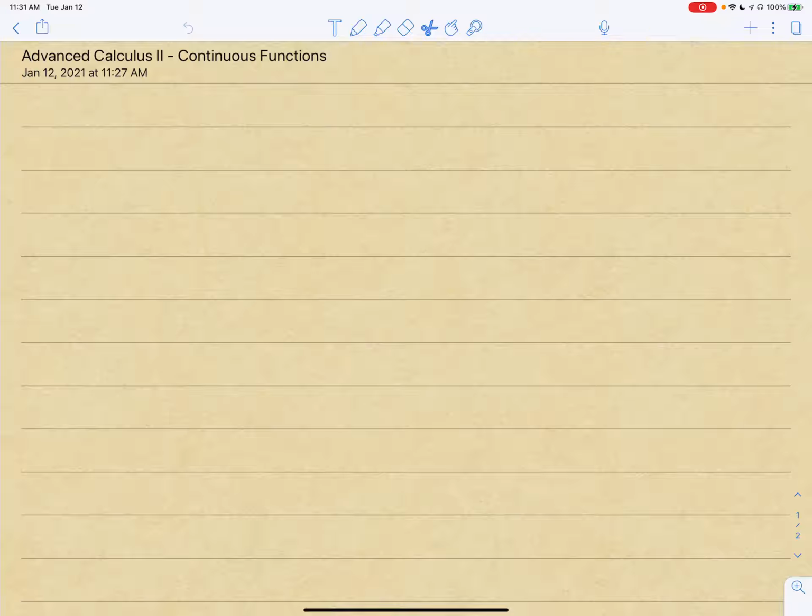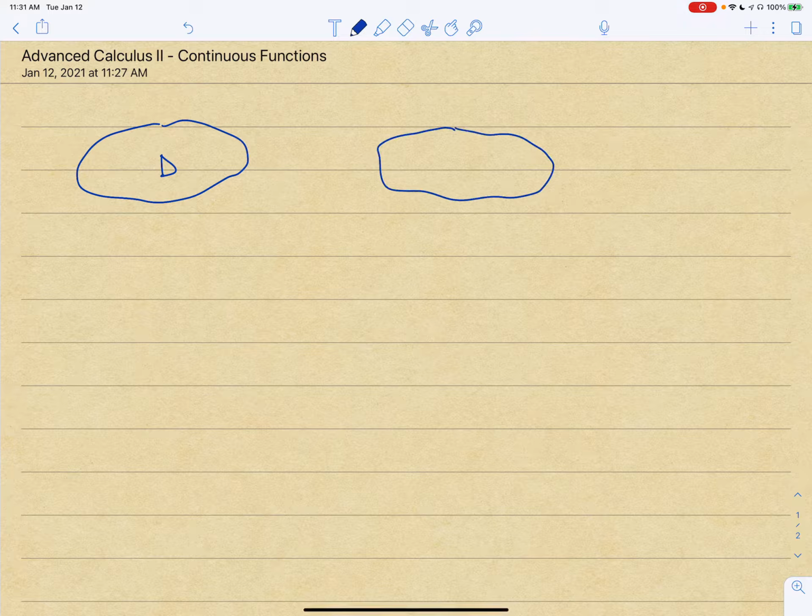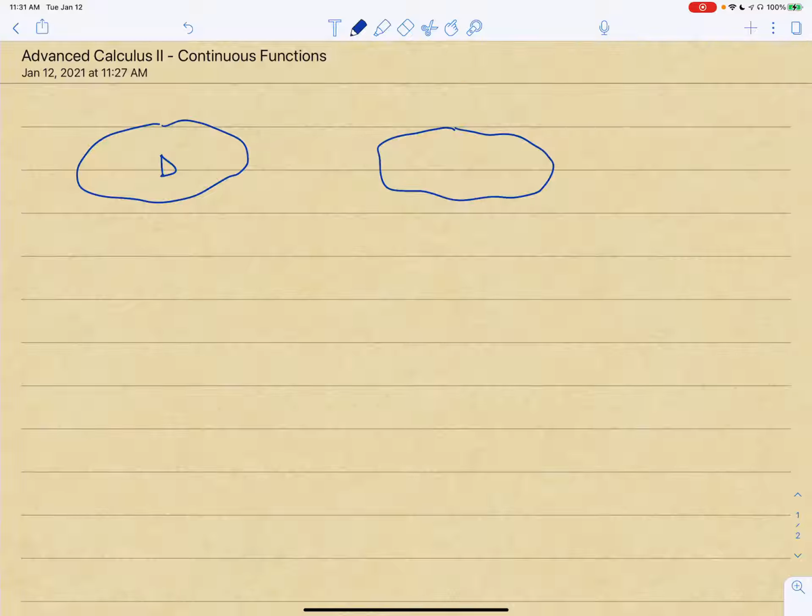So first, let's recall what is a function. To define a function, as you might remember, we need to specify a set, the domain. Then we need to specify the codomain in which the function is going to have values.